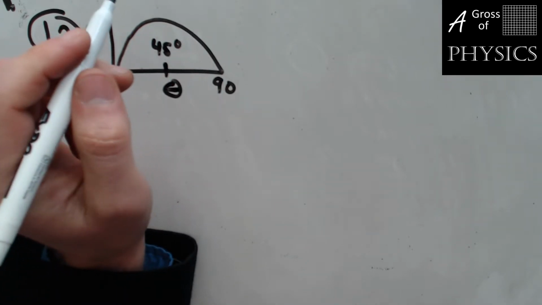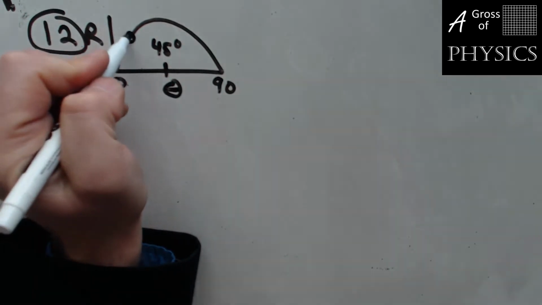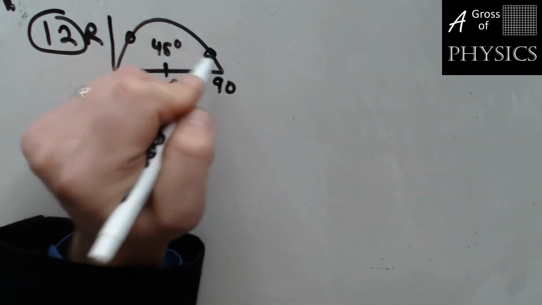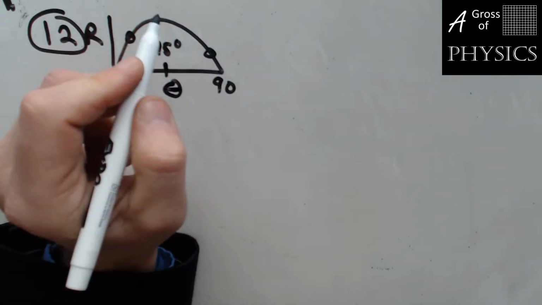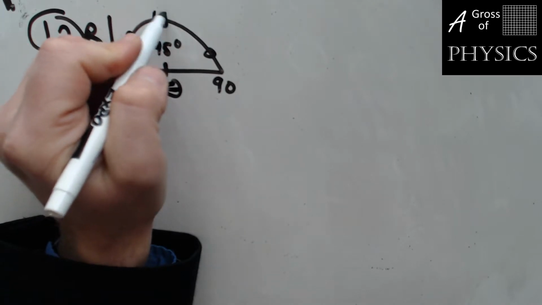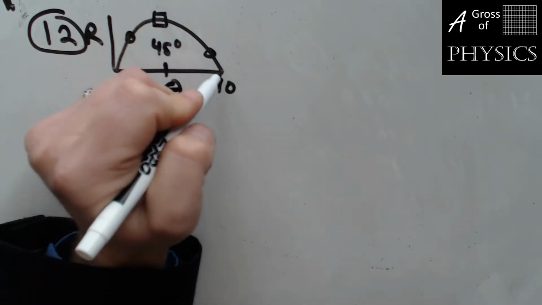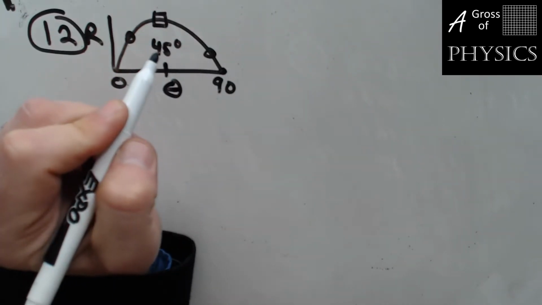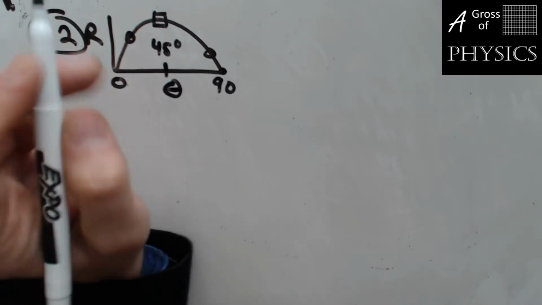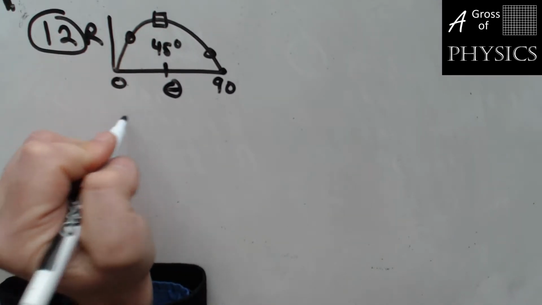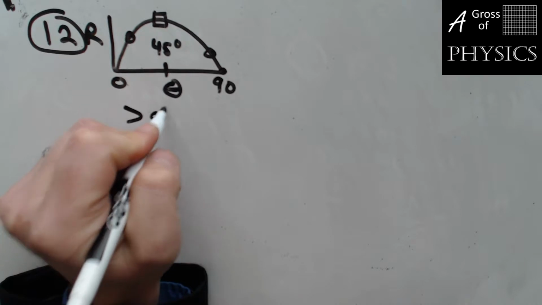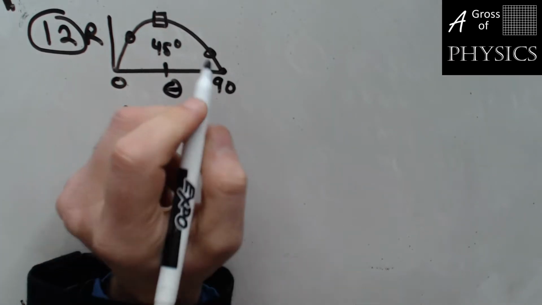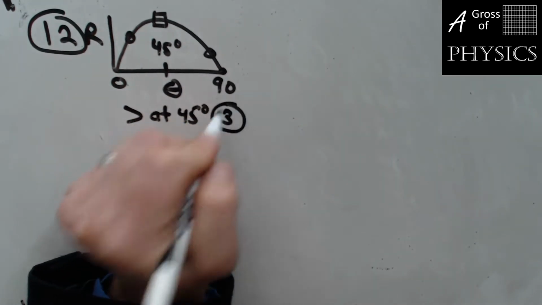Same for 20 and 80. If we look, 20's here, 80's here, so they're not the same height. Greatest for 45, that is true. Greatest for 90, well, it's the lowest for 90. So we're going to go with 45. Greatest at 45, which is choice 3.